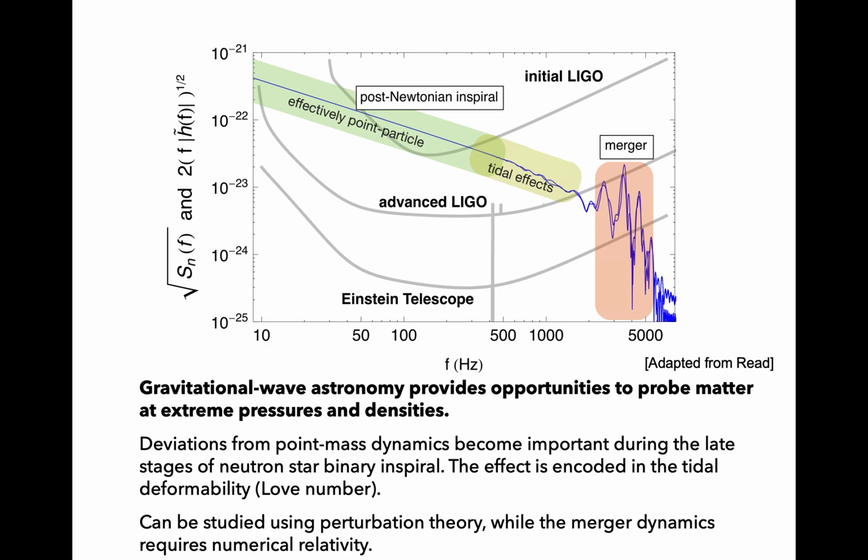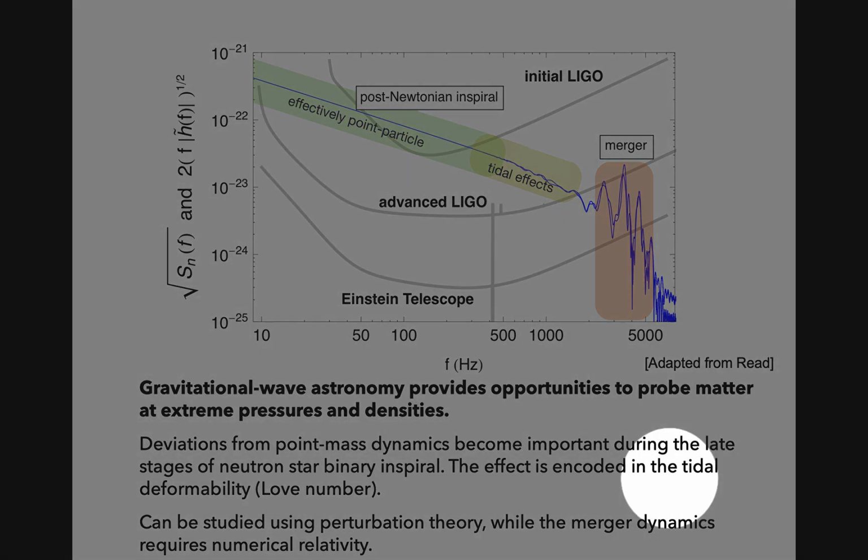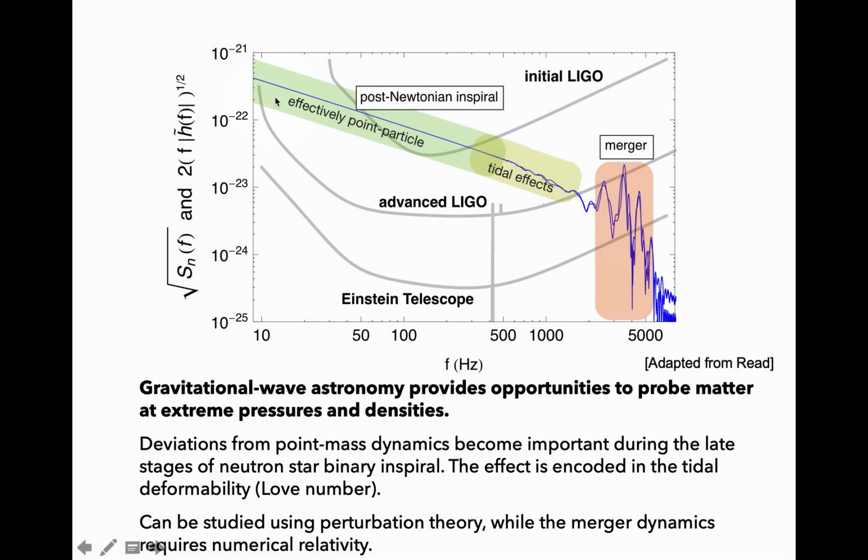So this is the usual frequency strain plot, and we know that if we start off far apart for a separated binary, the two masses are effectively point particles. The inspiral is described by post-Newtonian expansions.